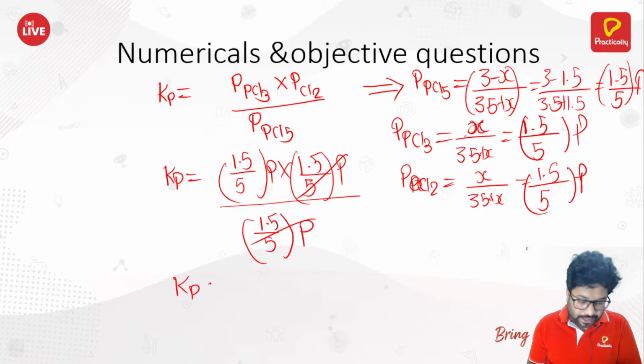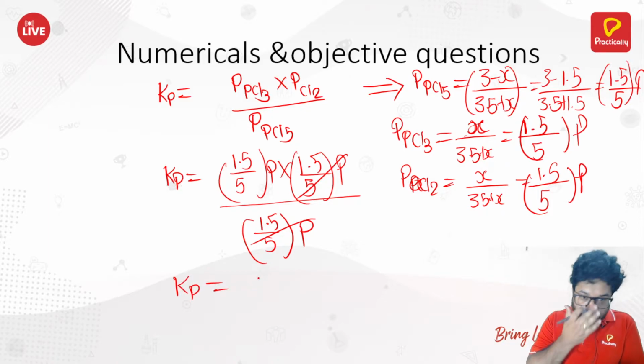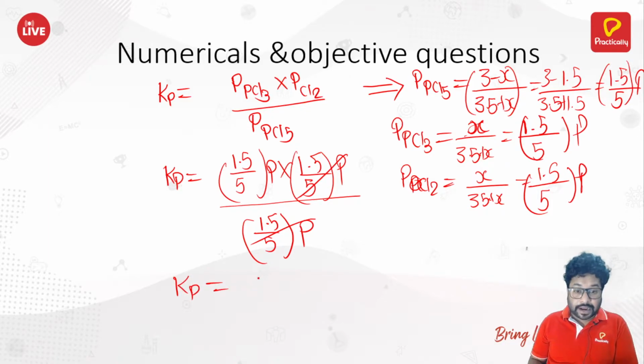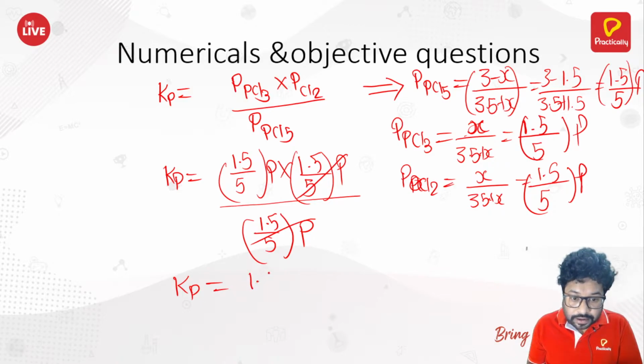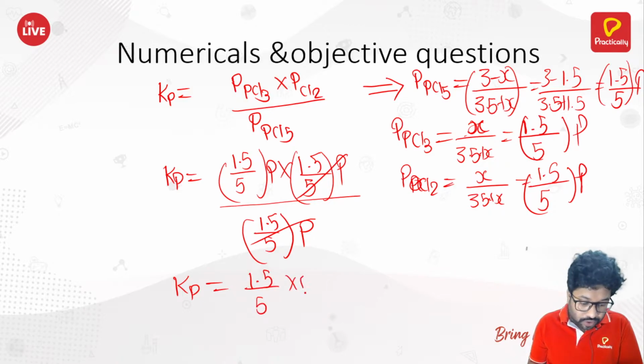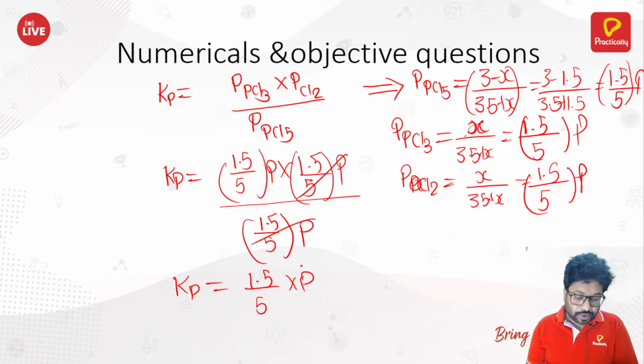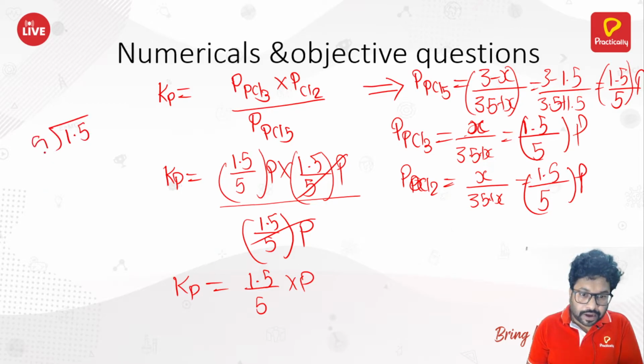So your Kp ultimately equals 1.5 divided by 5 into your P, right? What was your P now?